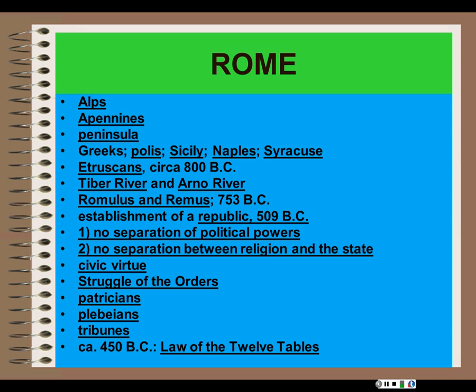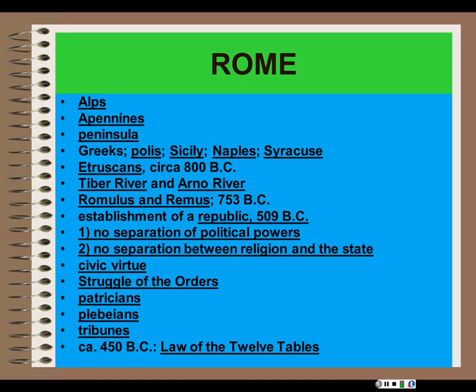But at the time of Rome, we're really not talking any middle class. So the plebeians were not really terribly happy with how they were treated sometimes by the patricians, by the upper class.